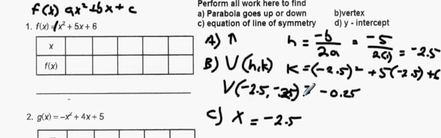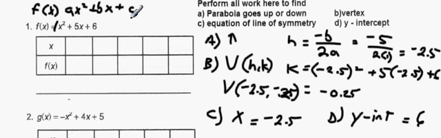And then I need to find the y-intercept, which is D, and that's my C in the quadratic. So in this case, my y-intercept is equal to 6. Alright? So when I'm filling out the table, I'm going to use the x-coordinate of the vertex as my middle point.